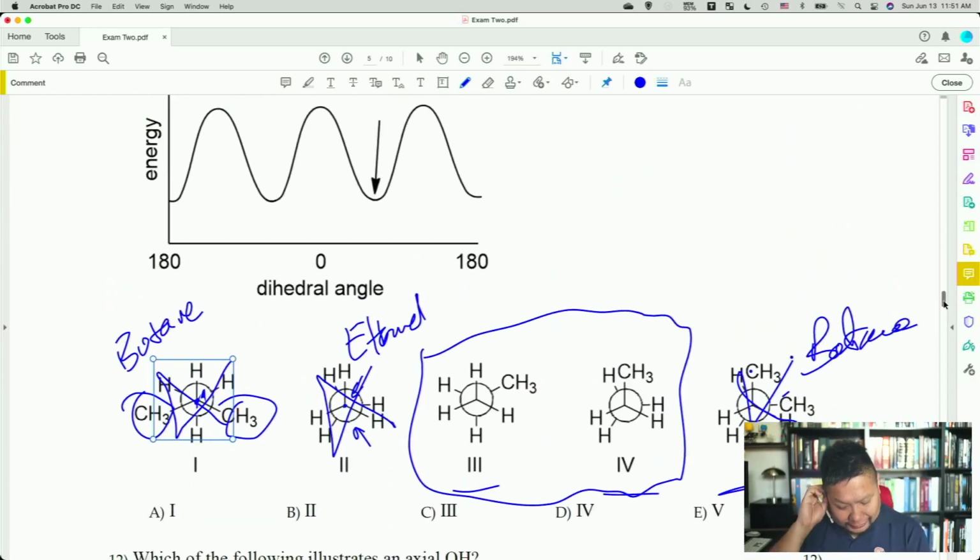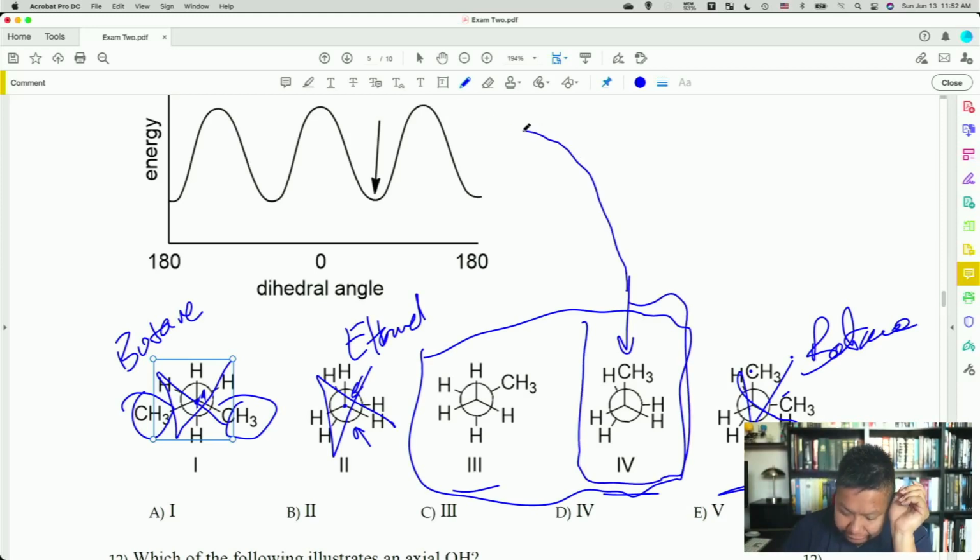And then the next thing is, remember when I was talking about a conformational analysis where you're spinning around the bond? The highest energy is always when the substituents are about to pass each other and they're eclipsing each other. So this structure here is indicative of the highest energy up here, because energy is on the y-axis; the lowest energy is down here, highest energy is up here.